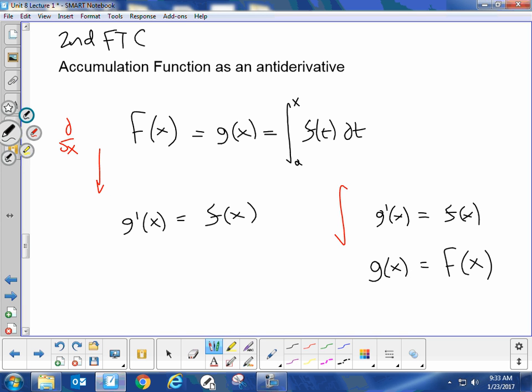Turns out G, the accumulated area under F, is actually the same as the antiderivative function of F. They're the same, which means this accumulated area under F is the same as the antiderivative function of x. All three of these are the same.